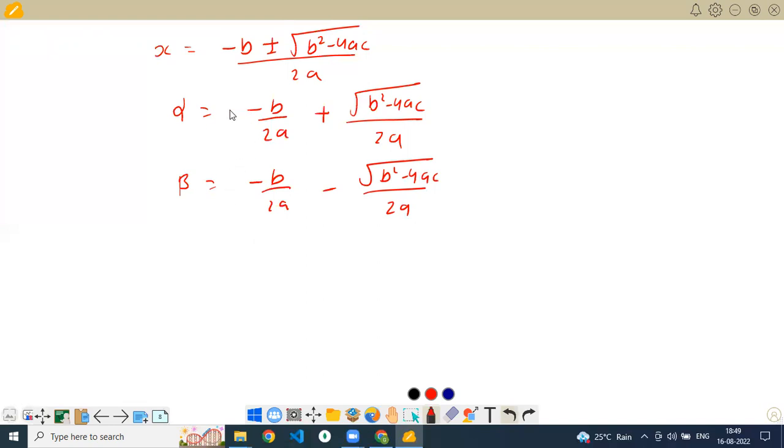It seems like both the roots alpha and beta are symmetric about the point minus b by 2a.